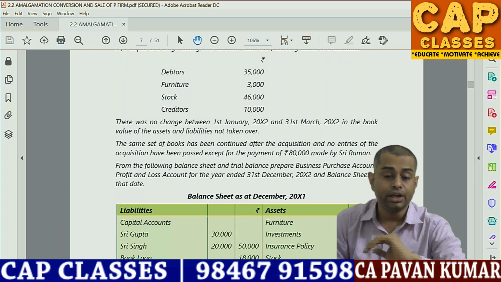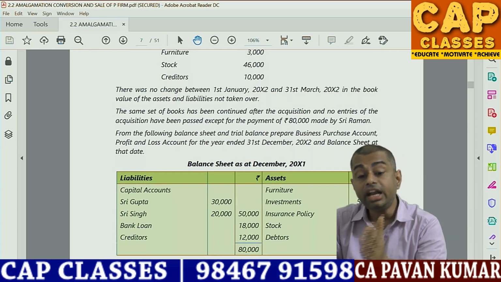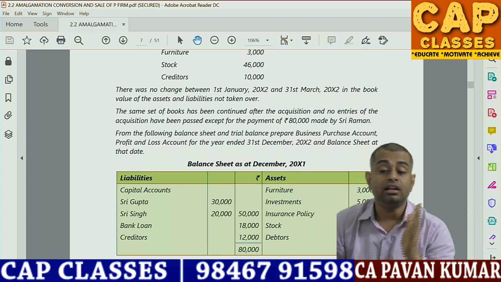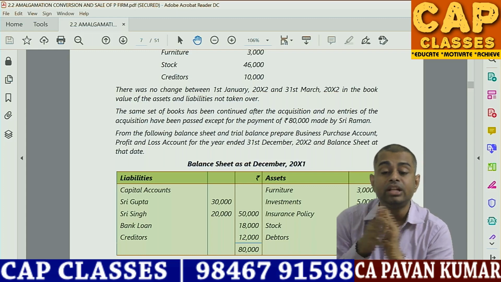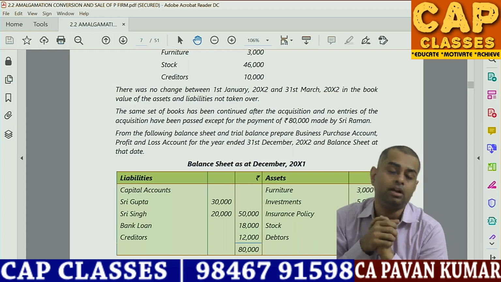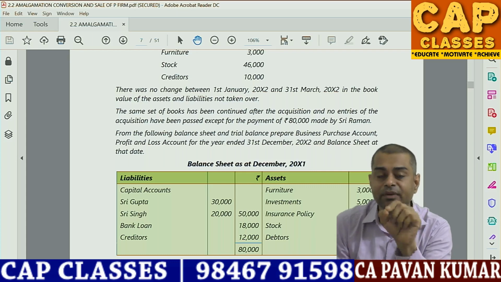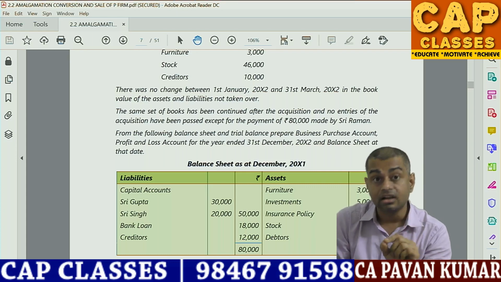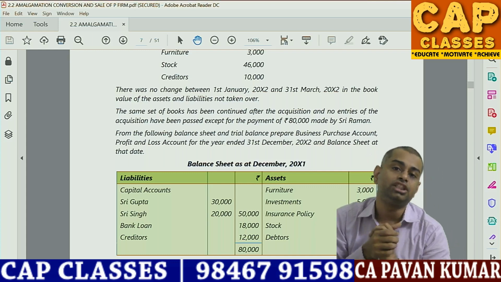Okay, let us continue. The same set of books has been continued after the acquisition and no entries of the acquisition have been passed except for the payment of 80,000 made by Sri Raman. So this guy paid 80,000, no? So he recorded the business purchase entry, but he did not pass any journal entry for acquisition.